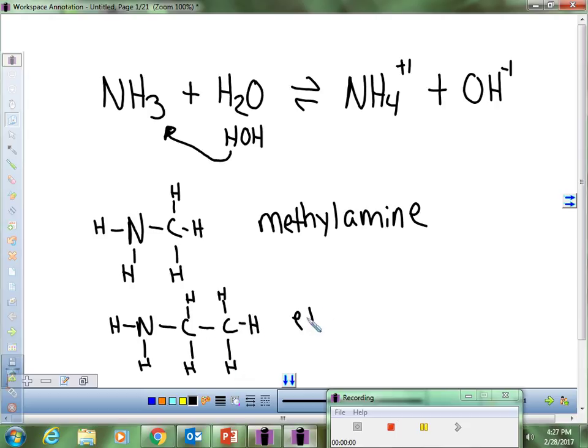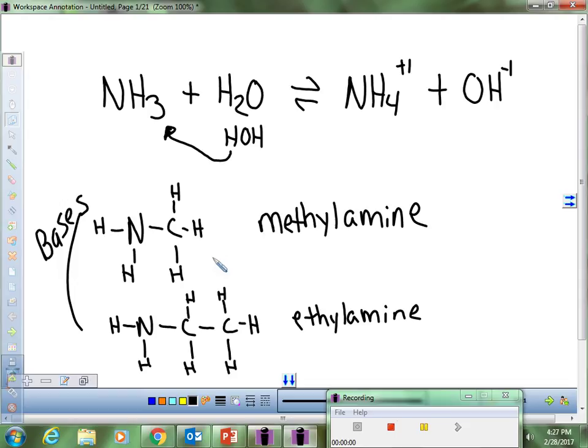So this would be an ethylamine. If you had 3 carbons, it would be a propylamine, and so forth. These are going to be bases, and when you get into biochemistry and stuff, you start to see that more. So when we write these things, because you don't have a hydroxide, but they are bases, all amines are bases.